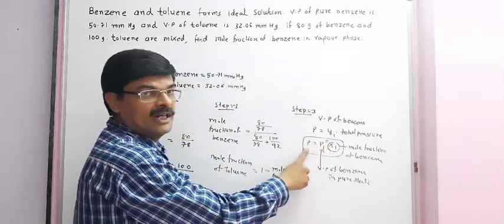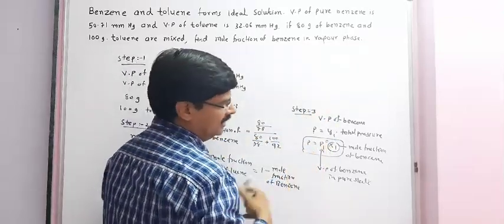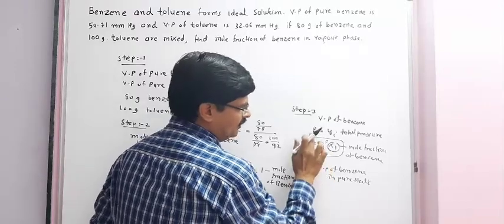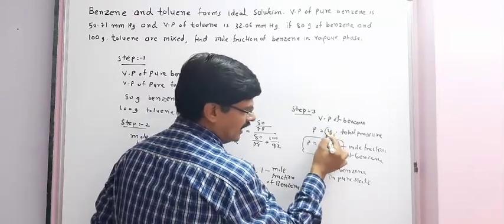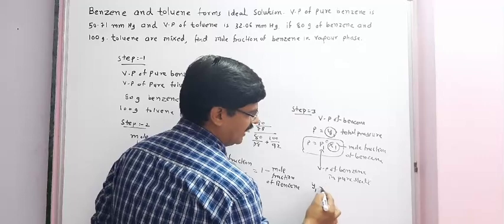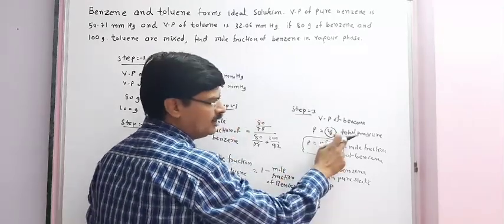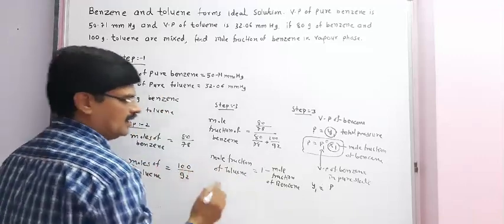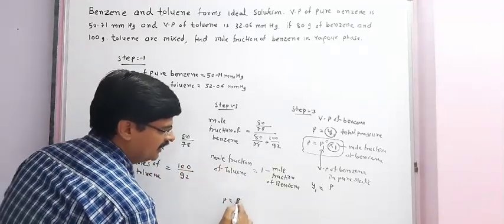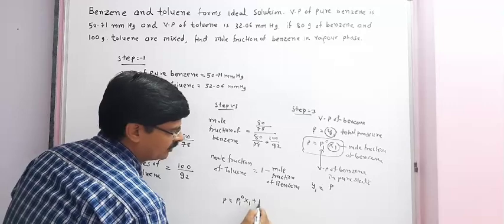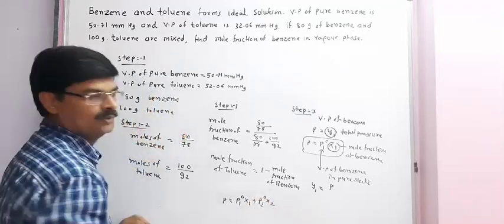That is why it is required. Now if we put this value here, we will get Y1 is equal to P, which we get from here, divided by total pressure. Total pressure we will get by P is equal to P1 naught X1 plus P2 naught X2.